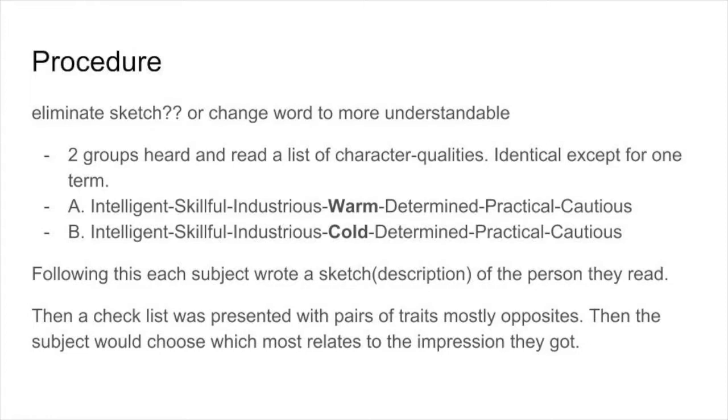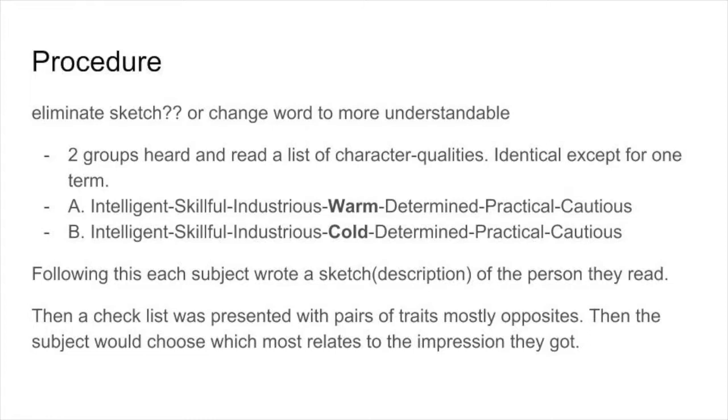In contrast, group B heard intelligent, skillful, industrious, cold, determined, practical, and cautious. So the two differences are warm and cold, and that was to see if these two different words will create different impressions of a person, whether it'll be good or bad. They just want to see how those two words change the certain impression.